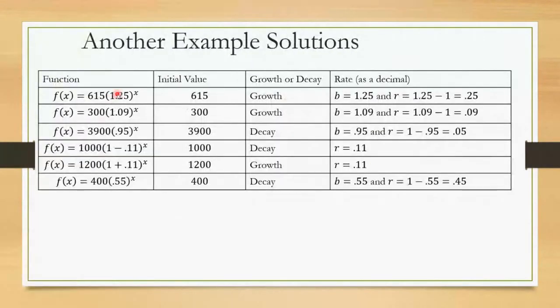For the next one here, same idea, right? In this case, the initial value is 300. The growth factor, right? Well, it's growth in this case because your b here, 1.09, is greater than 1.